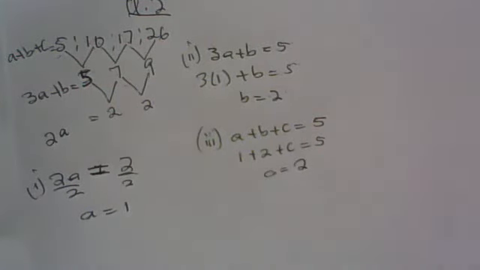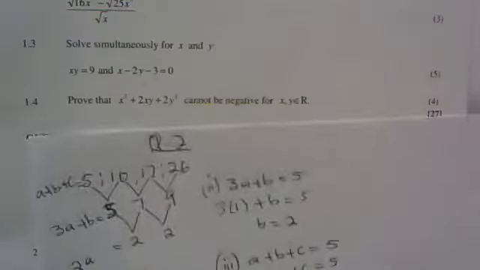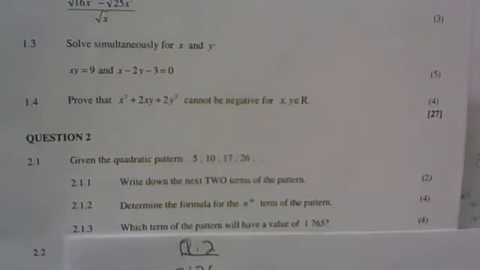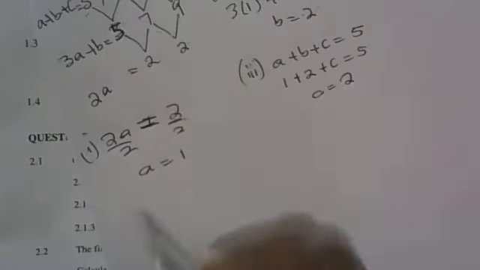Now, the question is, given the formula, write down the next 2 terms. The next 2 terms. Cool. What do we do for 2.1.1?